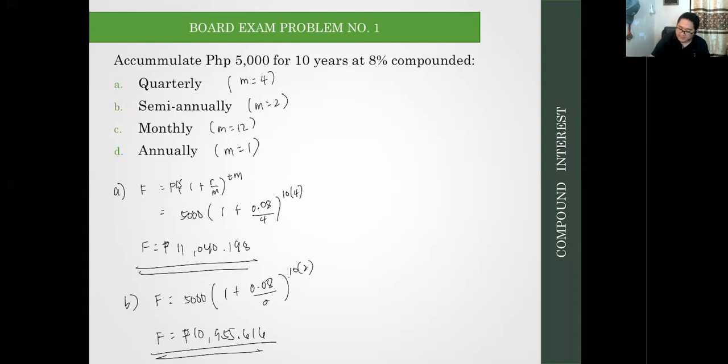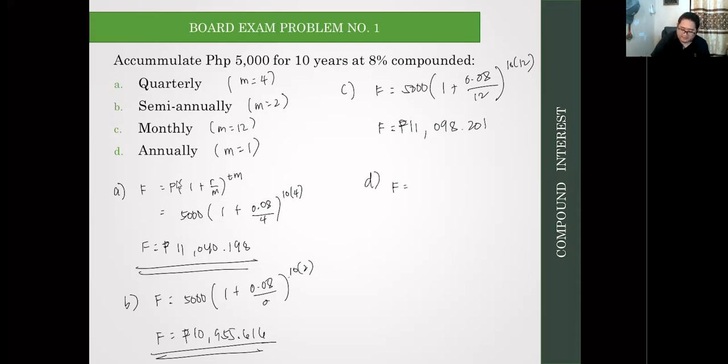And then for monthly, we have 5,000 times (1 plus 0.08 divided by 12) raised to 10 times 12. F is equal to 5,000, and then you just make the multiplier M 12. That will be 11,098.201 pesos.